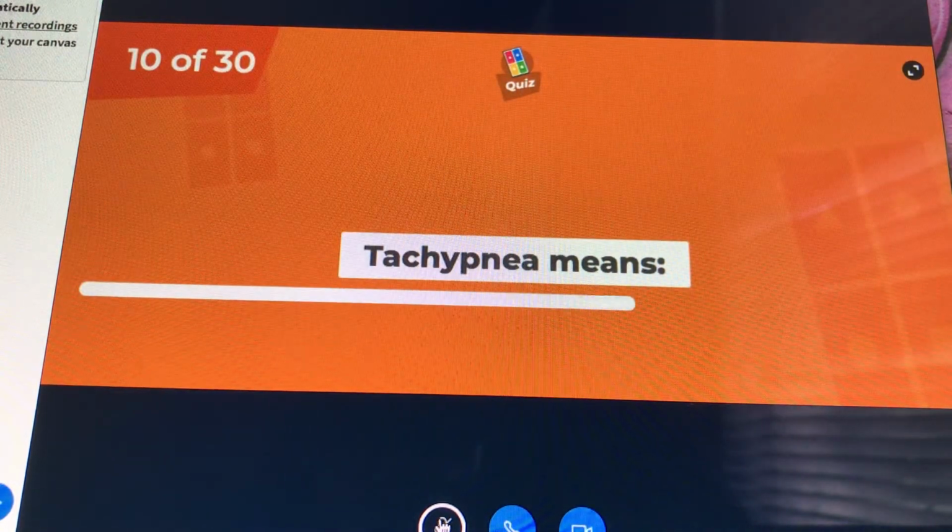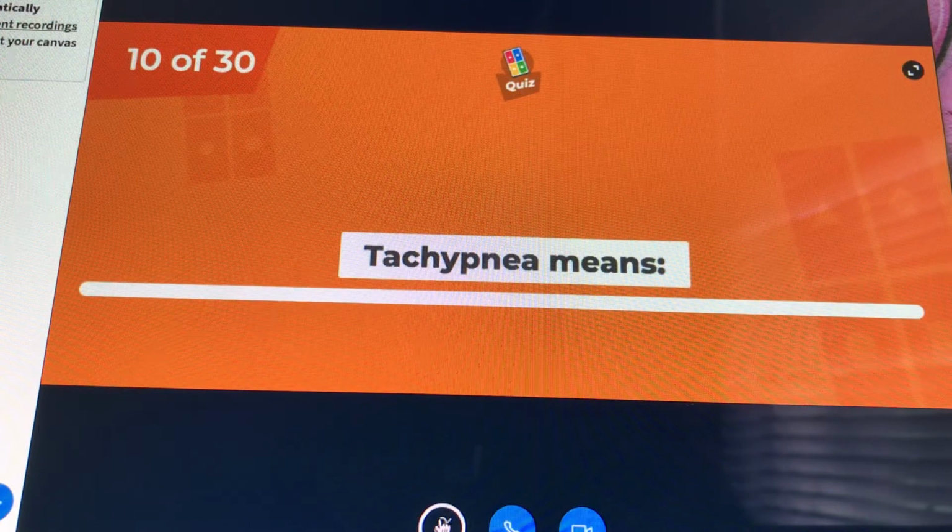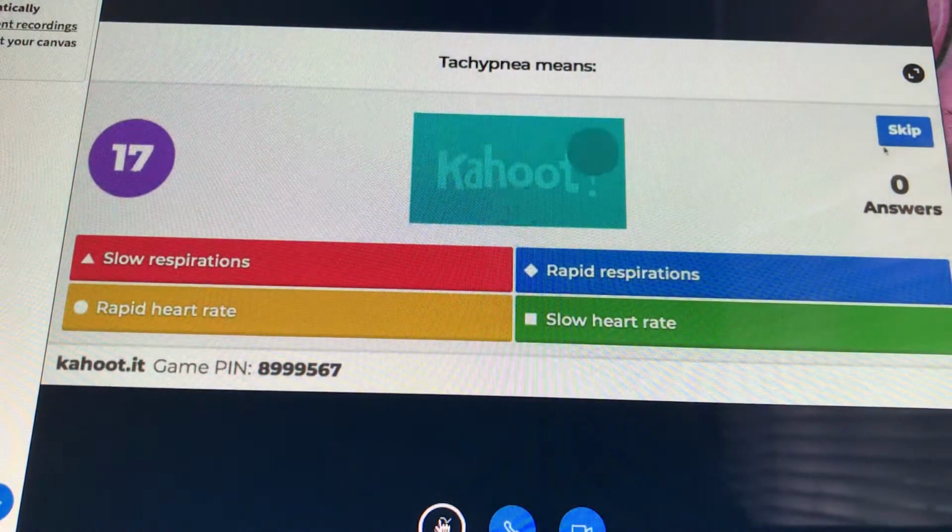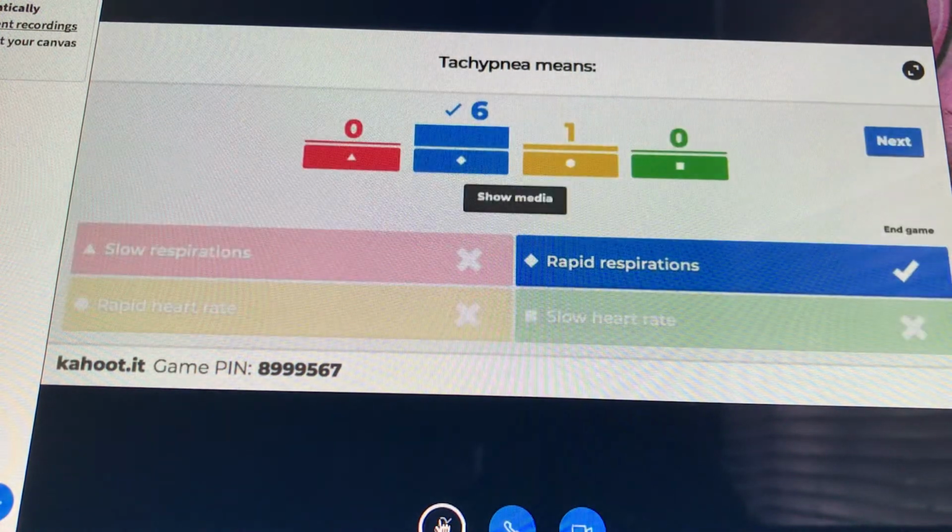Tachypnea means... good job. So what is the medical term for rapid heart rate? Tachycardia. What's the term for slow respirations?